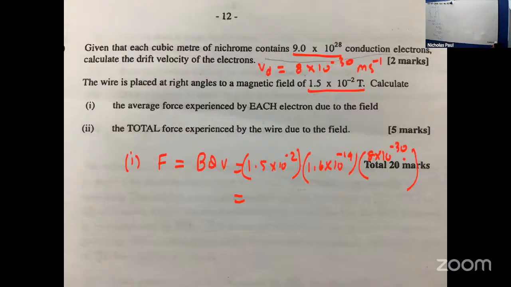Right, so use it, 8 by 10 to the minus 30. It's going to give a small force. Just multiply this out now, please.